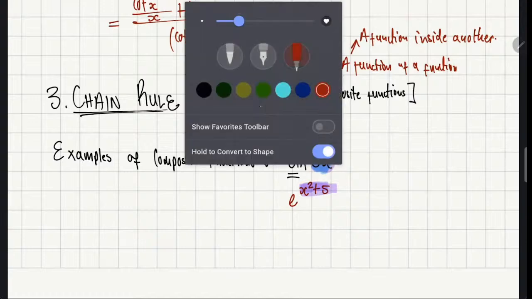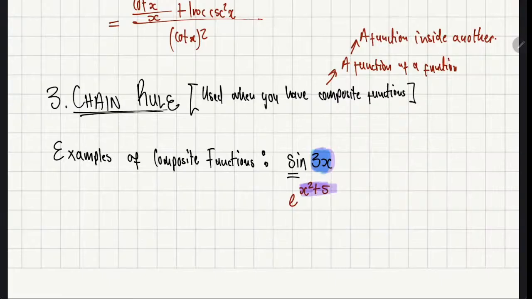This makes it composite. There is this guy inside of e to the x. So in e to the x, they have put this x squared plus 5. In sine of x, they have put 3x. So it's now sine of 3x.